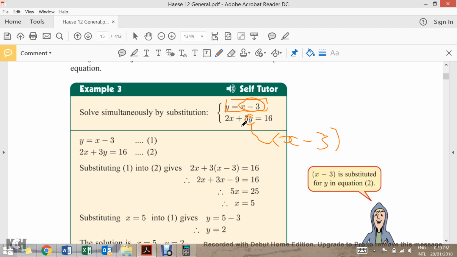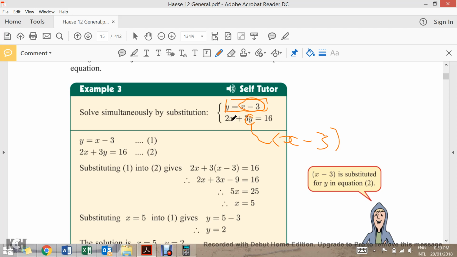We're just left with x's, so we can tidy up that equation and find what x is using this substituted equation down here. Then, using this top equation, we can put in the value of x we find and find what y is.